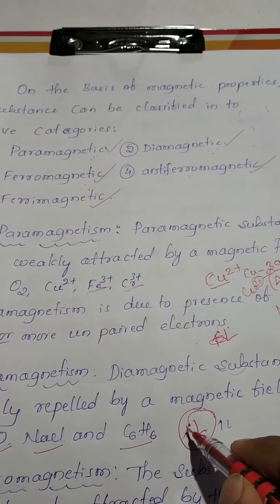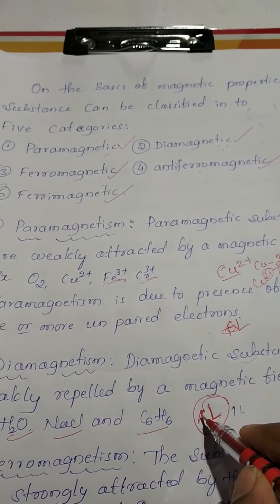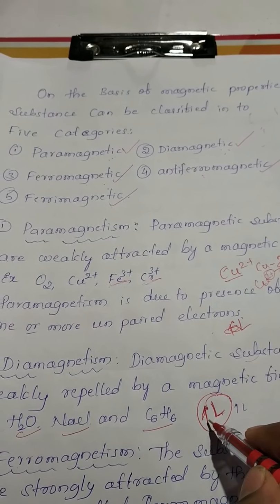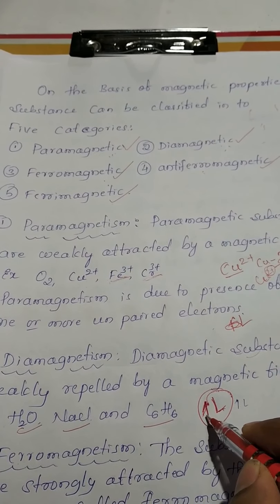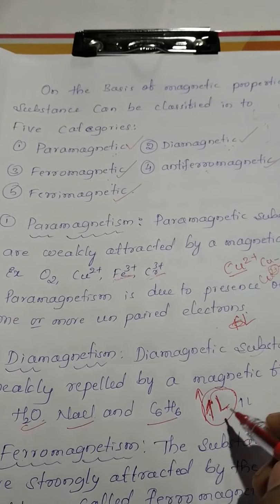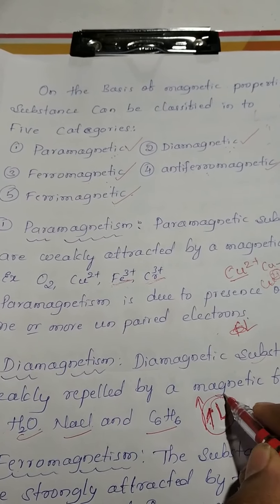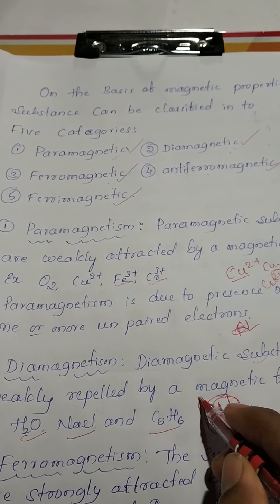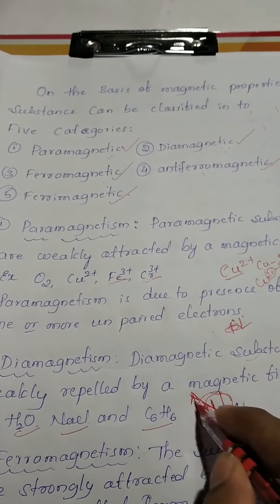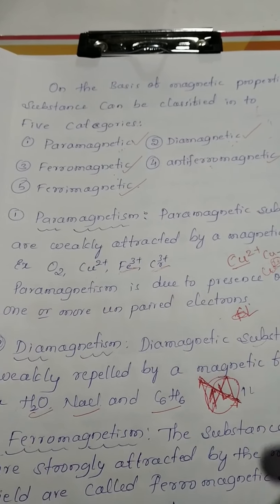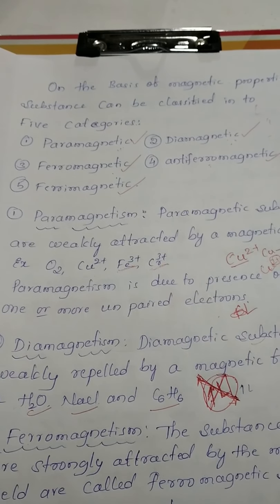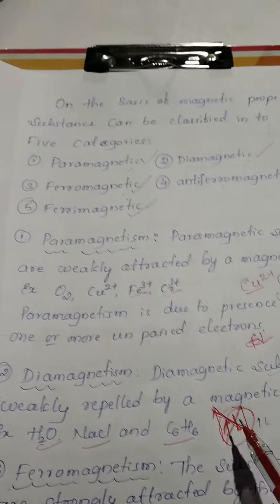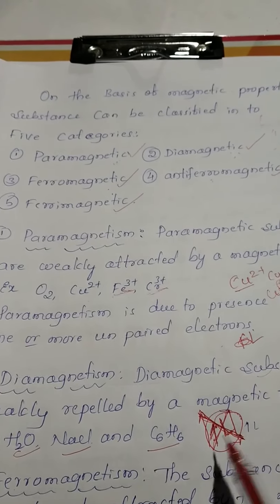Because if the electrons are paired, the magnetic moment of this electron is in this direction and the magnetic moment of this electron is in this direction. Hence, the magnetic moments of these two electrons cancel each other. Hence, these substances do not contain magnetic moment.